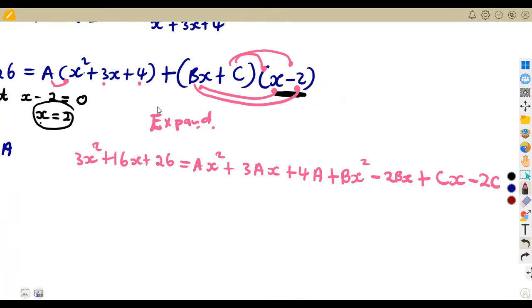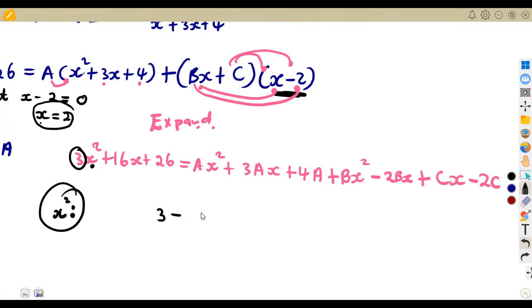By expanding, we can equate the coefficients of corresponding terms. So we can think of the x squared: the coefficient of x squared from the left-hand side of our equation is 3.